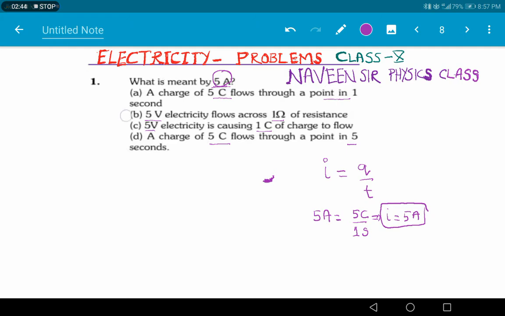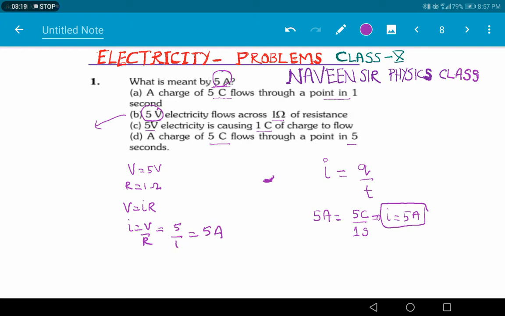Suppose you go with option B. What is given? V is given as 5 volt and R is given as 1 ohm. From Ohm's law, V is equal to IR, so I is equal to V by R, that is 5 by 1, which is 5 ampere.